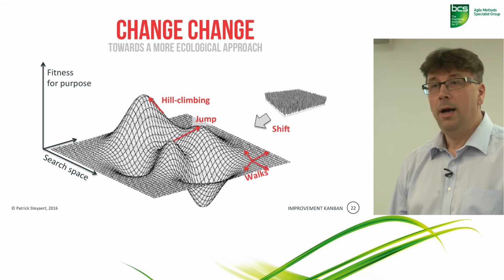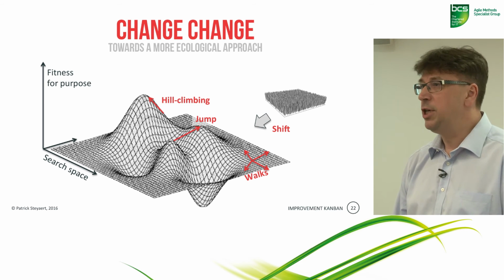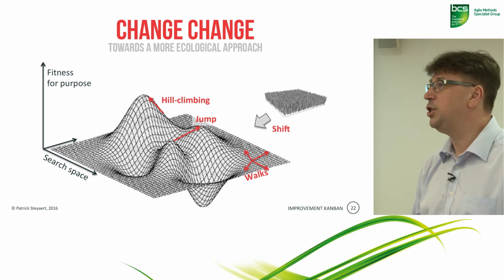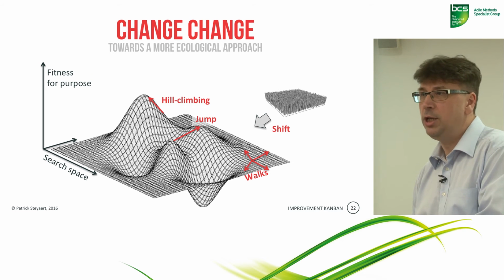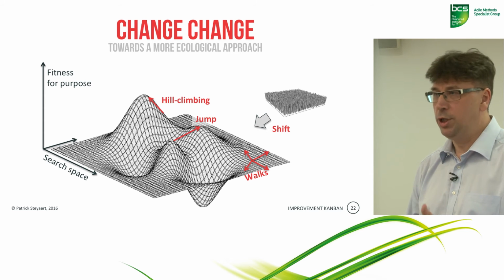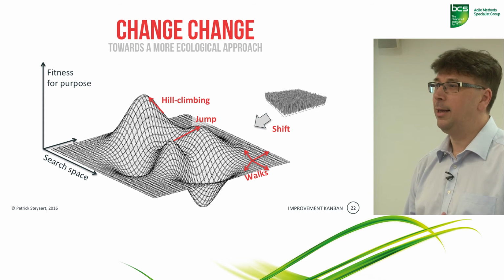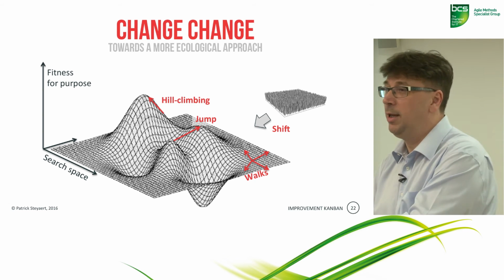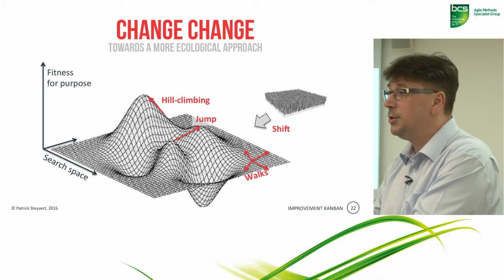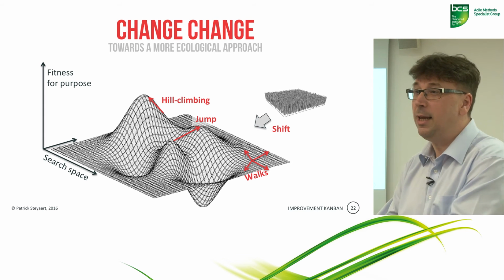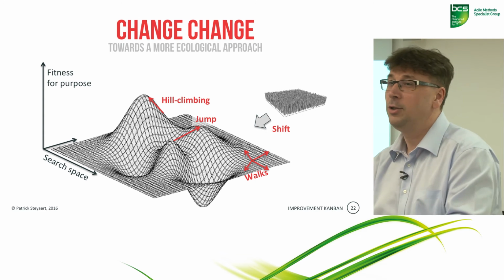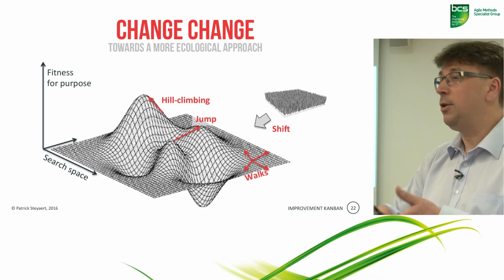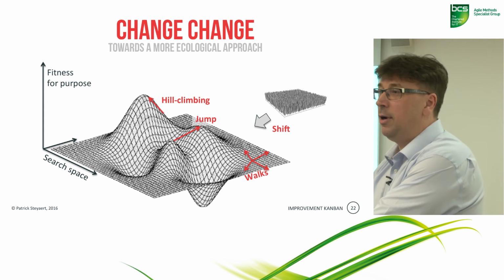So rather than sticking to one type of change, even if it's evolutionary change, I think we need to change the way we change and take a more ecological approach, more like a person that is creating an ecology. You need to enable a little bit. You need to put in some species that enables other species, just like we had plants that made oxygen, and that oxygen made animal life possible.